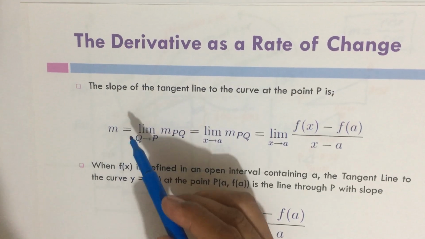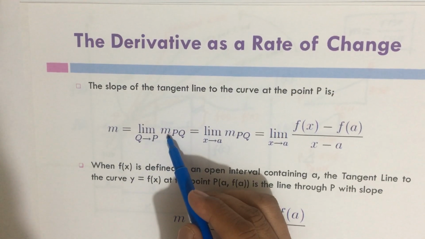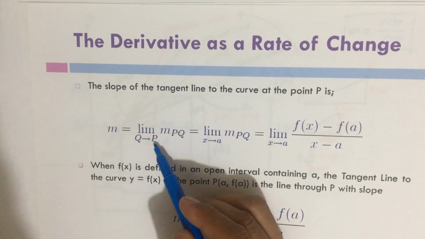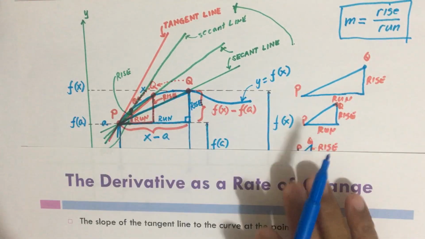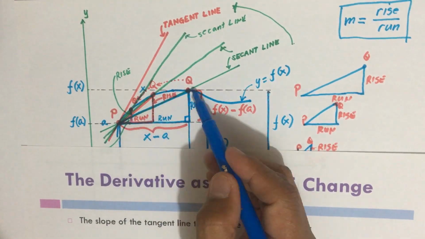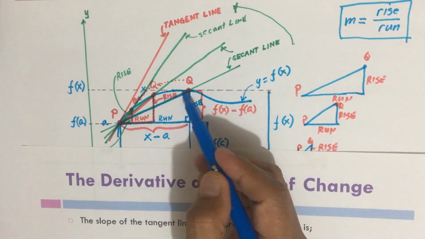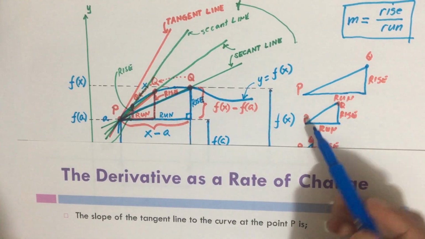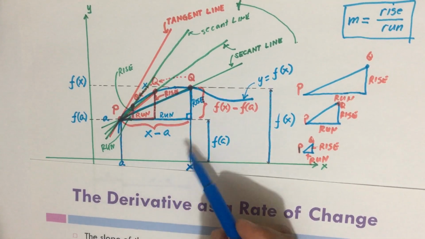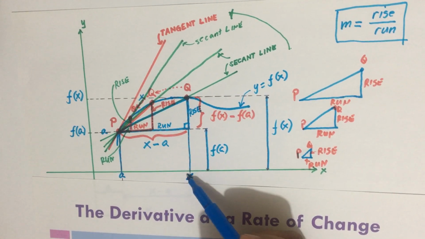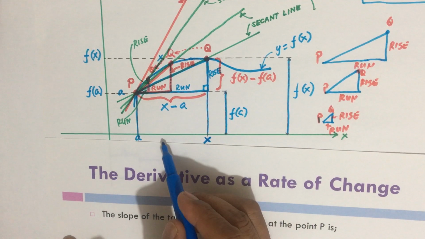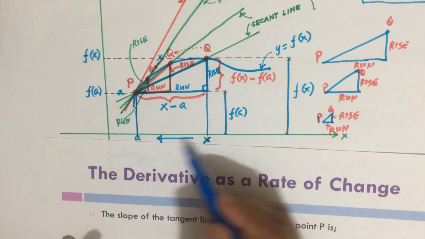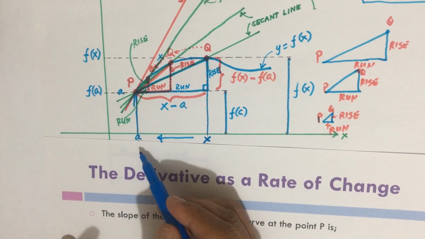So the slope is equal to the limit of the slope of the line PQ, which is the secant line, as Q approaches P. As Q approaches P, you see our Q is moving towards P, and as it approaches P, the difference x minus a is also shrinking, so x is moving towards A. x approaches A.